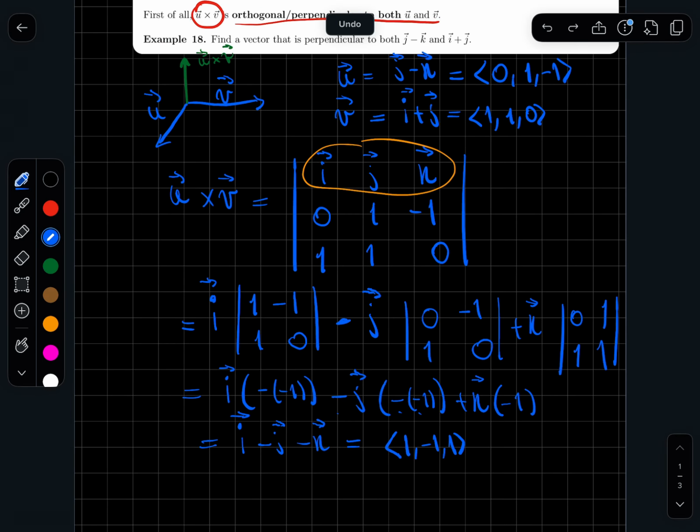If you really want to be picky about it, you can double check. If you call this W, I guess, what's W dot product U, right? That would be 1 times 0, 0, plus negative 1 times 1, so negative 1, and then 1 times negative 1, so negative 1, it should be 0. What have I done wrong?